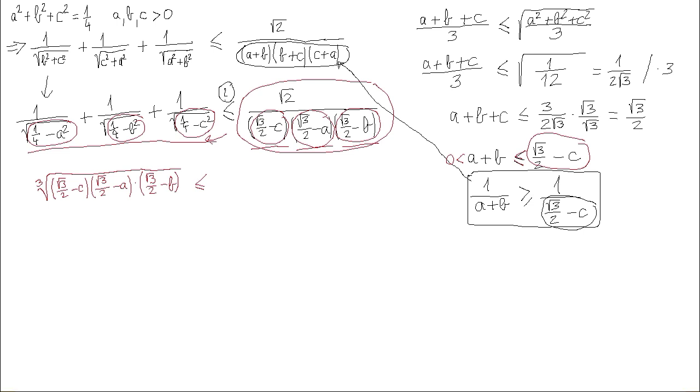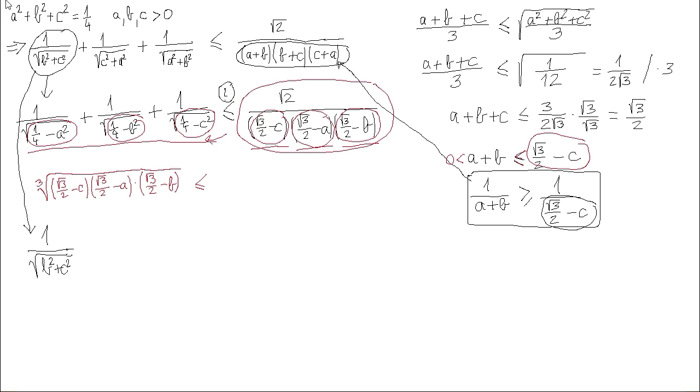Can we take a look separately at each term on the left-hand side? For example, this one. So this is 1 over square root of (b squared plus c squared).